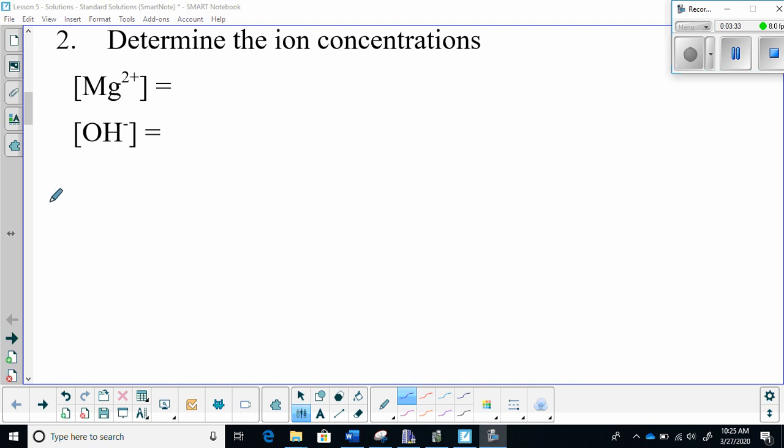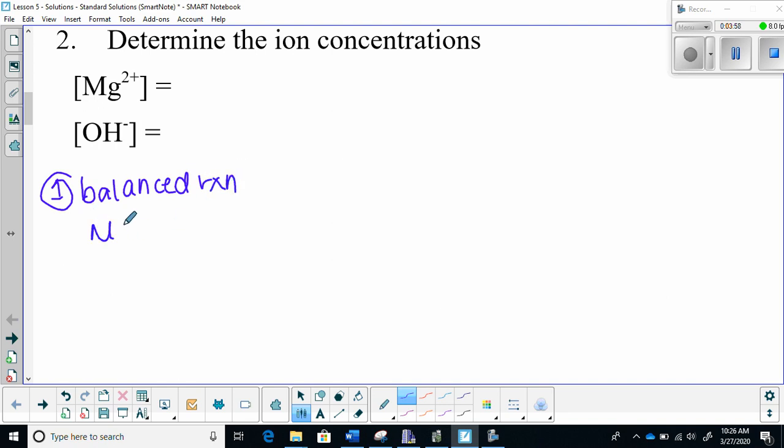Okay, so the first thing you need to do is write a balanced reaction. Here, I'll write the steps out for you guys. So, first step is a balanced reaction.